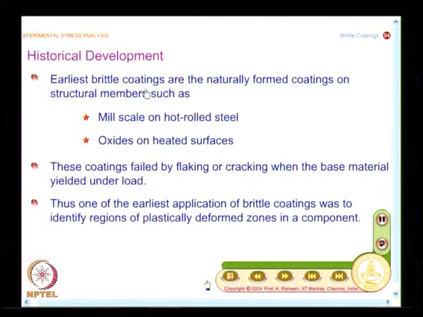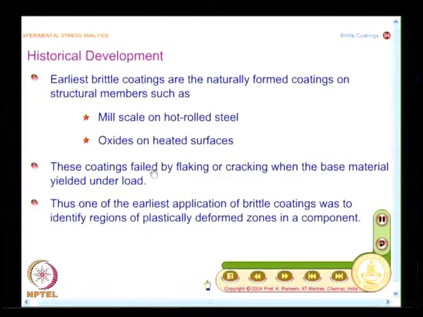So, the initial coatings were naturally formed coatings, and what was the focus? I said each of the techniques operates well in a particular range, and if you look at the first application of brittle coating, it was to find out whether there was plastic deformation. That means, you are talking of very large strains. So, when these coatings failed by flaking or cracking, when the base material yielded under load, the focus was to identify yielding.